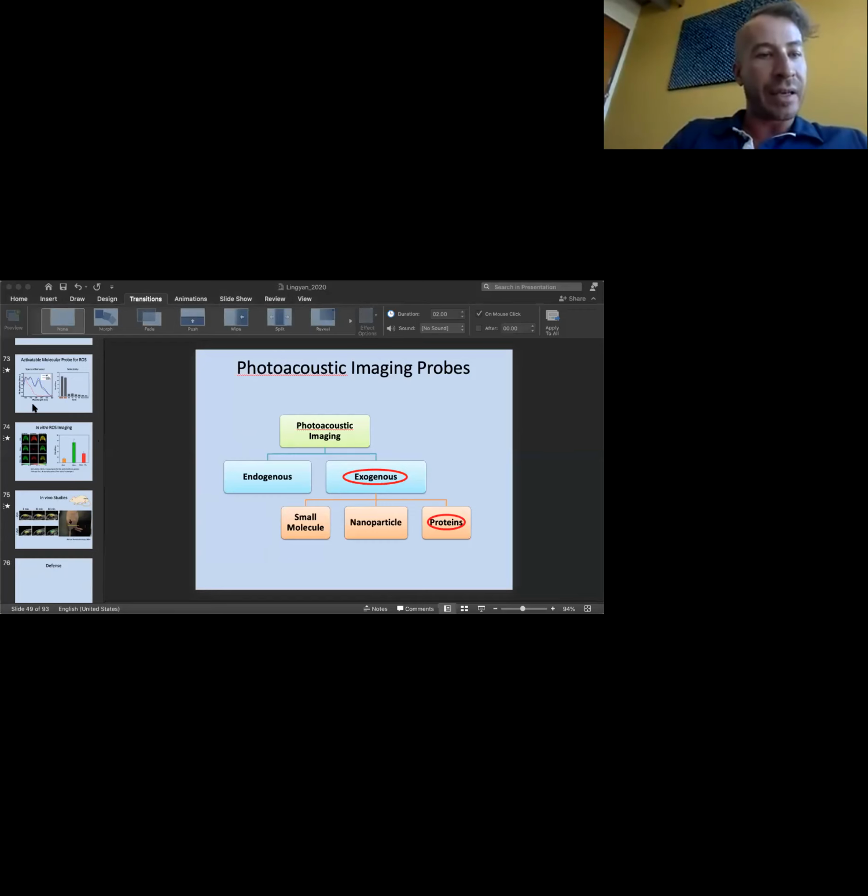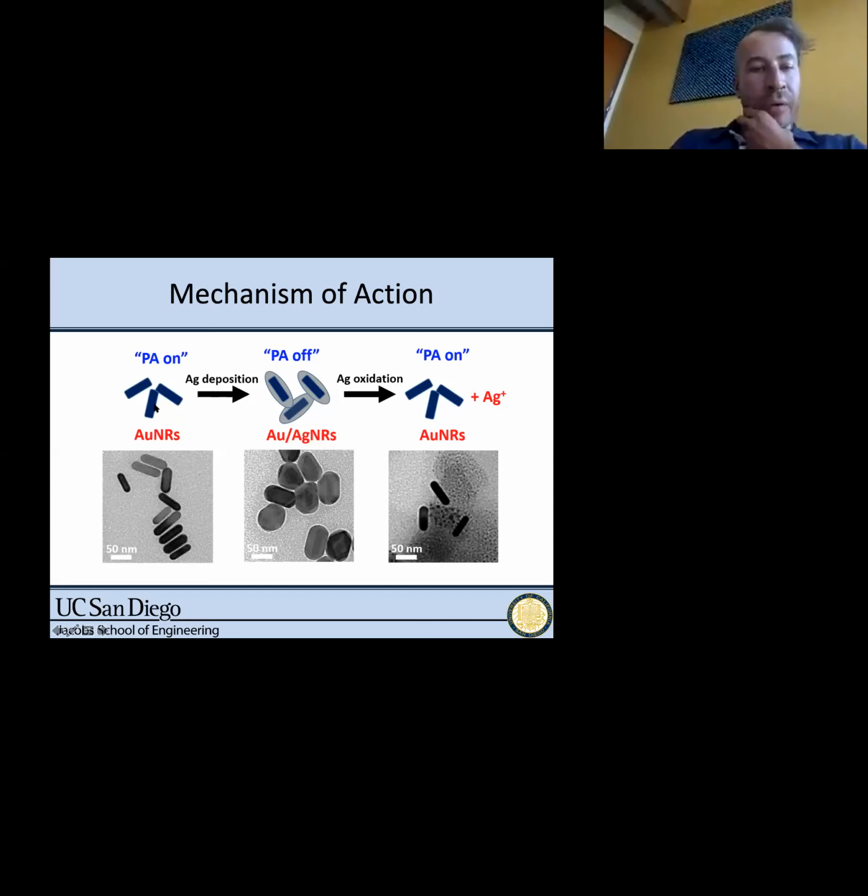So this is an example of nanorods where gold nanorods have an absorbance in the infrared. You put silver on it and it blue shifts, but you can oxidize the silver selectively, recover the gold, and release silver ions.